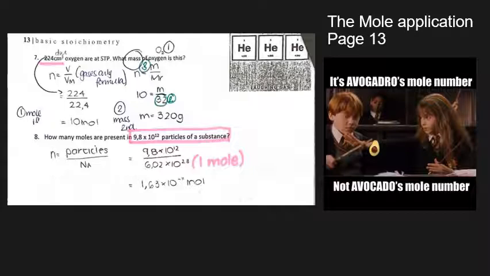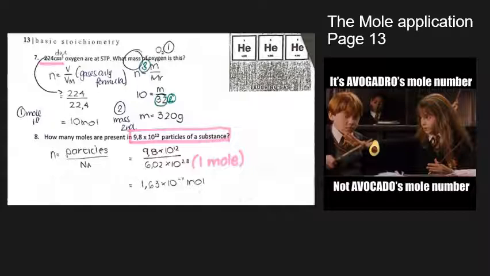Question 8. Yeah, this is a very nice question. This is a nice way of double checking your understanding of that magic number, which is 6.02 times 10 to the 23. It asks how many moles are present in 9.8 times 10 to the 12 particles of substance.